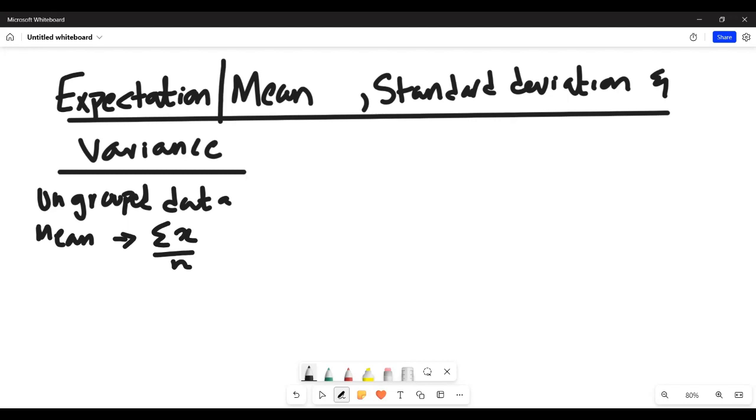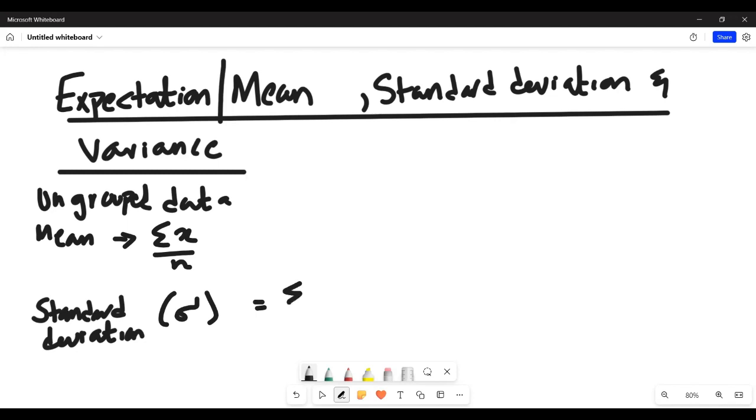And the standard deviation, the symbol for this is mostly this. Standard deviation is the square root of summation x squared upon n minus mean squared. This is the mean.